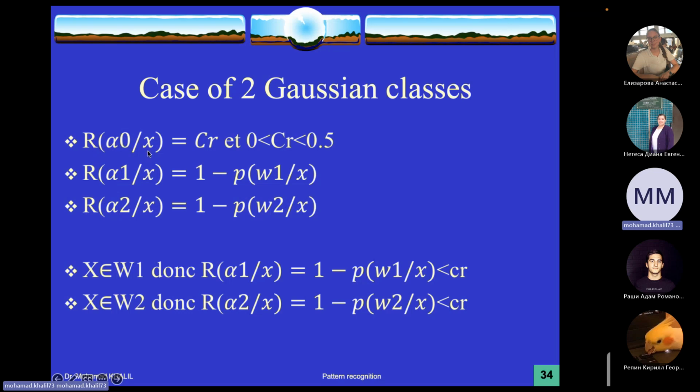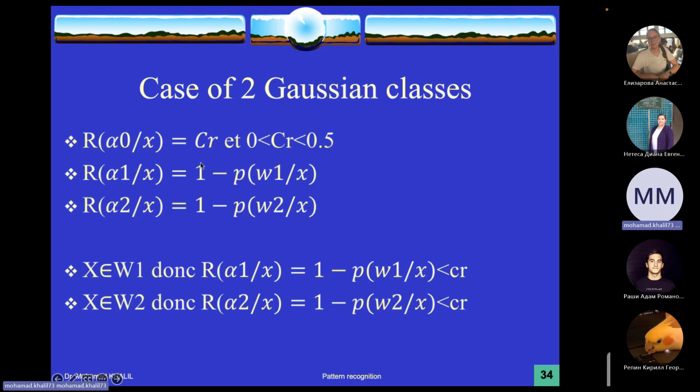Pay attention, I will use it in the lab. R alpha 0 is CR, R alpha 1 is 1 minus P omega 1, R alpha 2 is 1 minus P omega 2, and so on. In the programming, we calculate R and see where the minimum is. It's very, very easy.